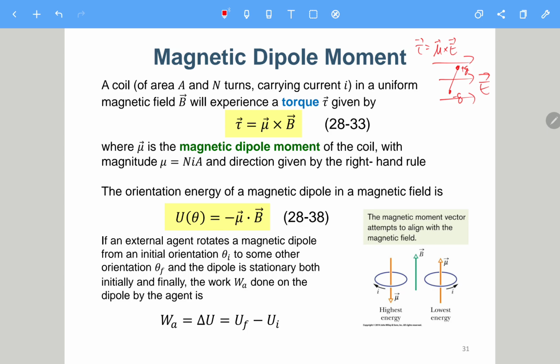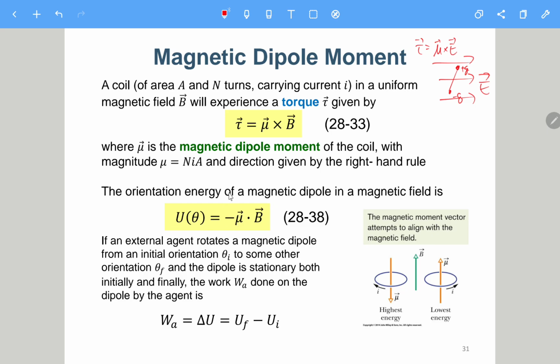I forgot what symbol we used, maybe still mu, or something else. I really forgot.